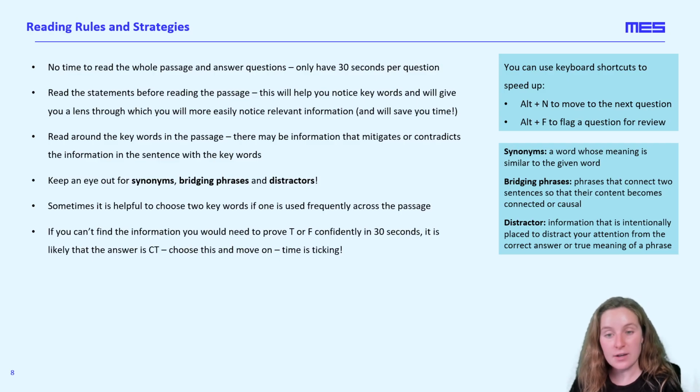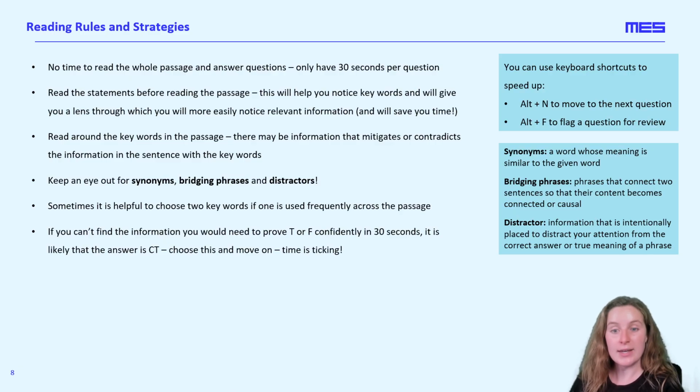But the official guidance is also to read around the keywords in the passage. So not just the one sentence with that keyword in it, but the sentence before and the sentence after that sentence, because there may be information that mitigates, contradicts, or otherwise complicates the information in that sentence with the keywords.